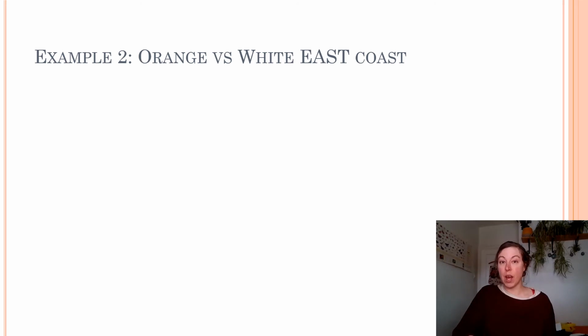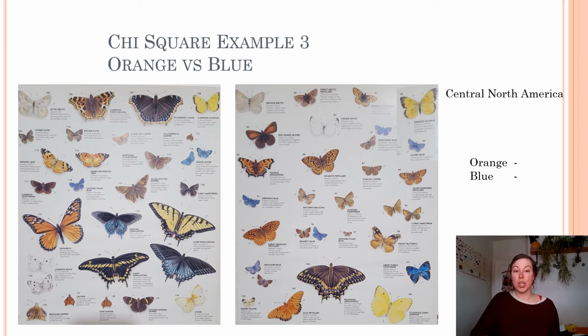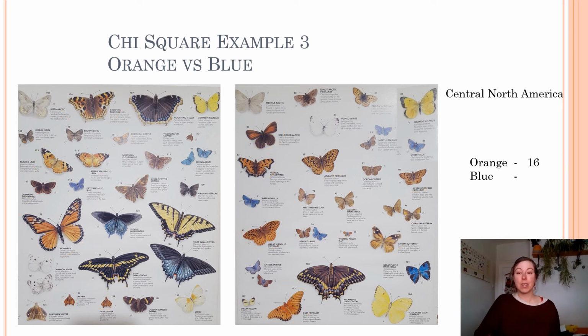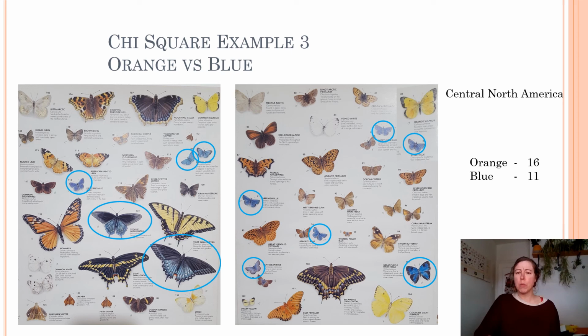Okay, we're going to do this one more time. This time we're going to look at Central North America, and we're going to do orange versus blue. We have 16 orange and 11 blue. A lot more blue in Central North America, I feel.